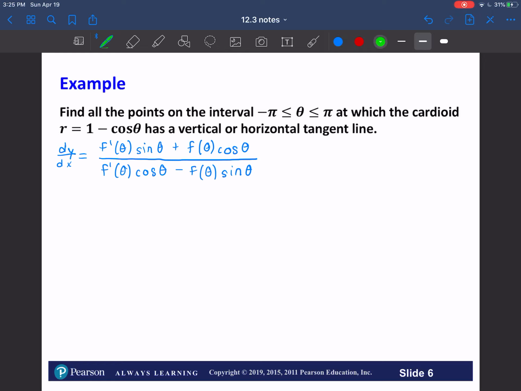Alright, so in this case, our f of theta is the function for the cardioid. It is 1 minus cosine theta. And f prime of theta, if we take the derivative of this, will be sine of theta.